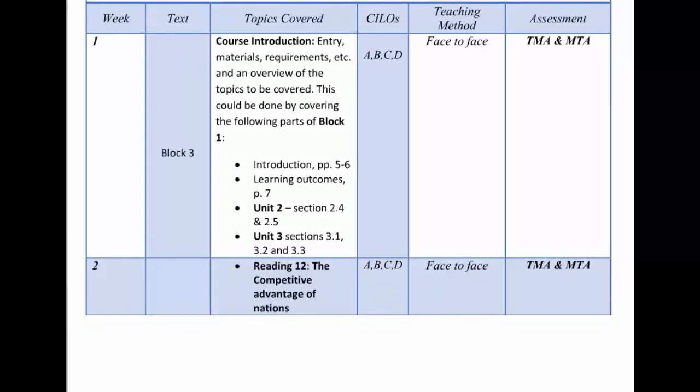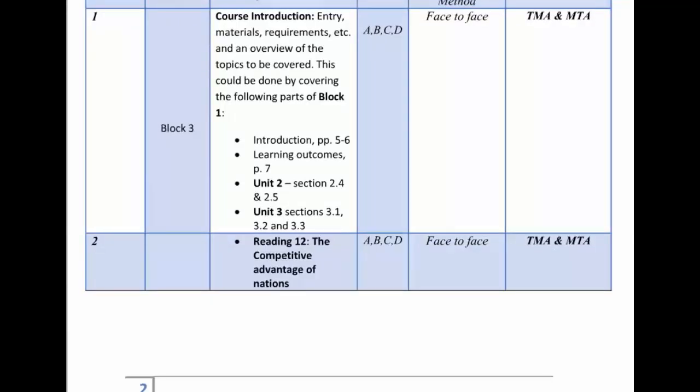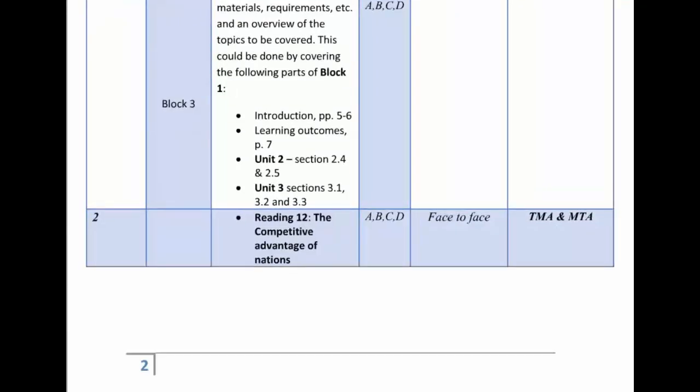After that, inshallah, we will take unit 2, and we will take only sections 2.4 and 2.5. Then we will take unit 3, and we will take only sections 3.1, 3.2 and 3.3.